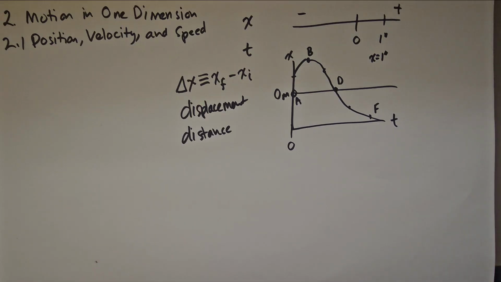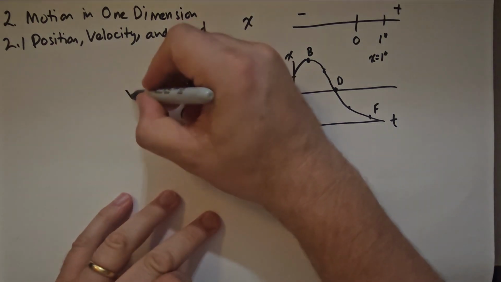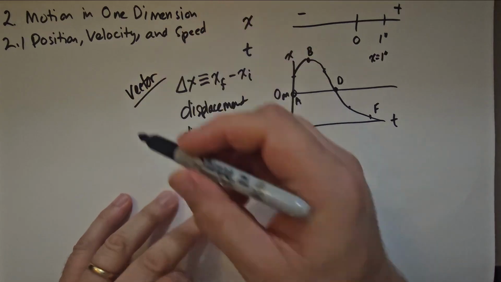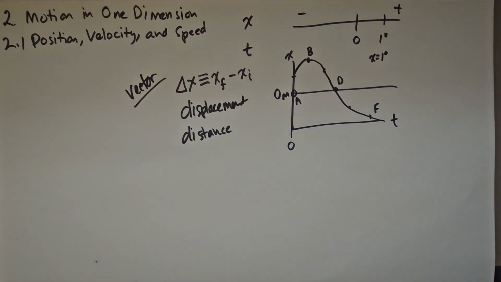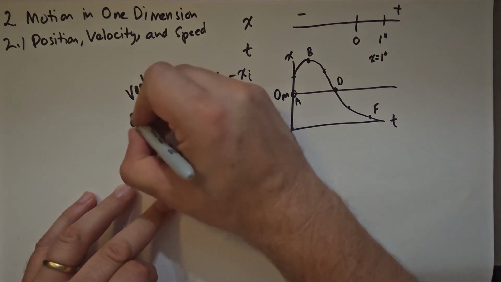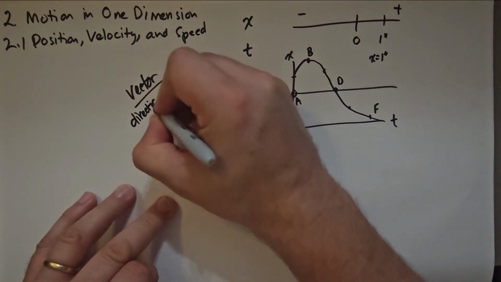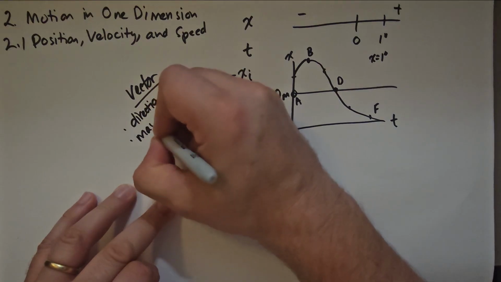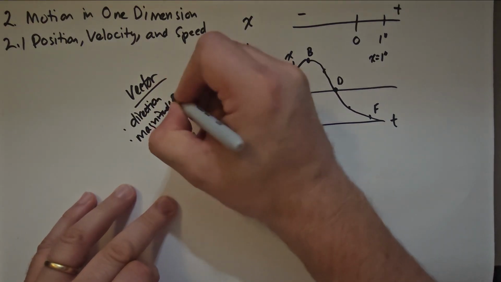Displacement is an example of a vector quantity. And it's a little bit premature to introduce vectors. I'm just going to talk a little bit about what they are. A vector quantity requires both a direction and a magnitude, right?